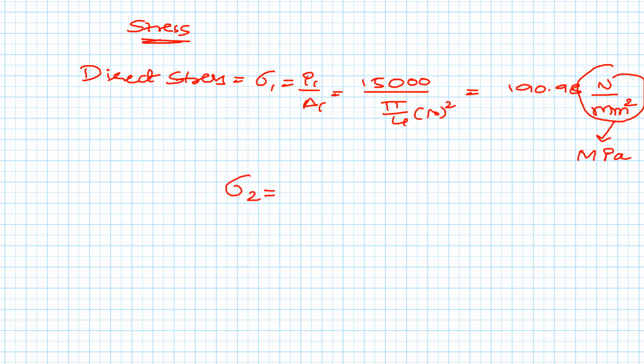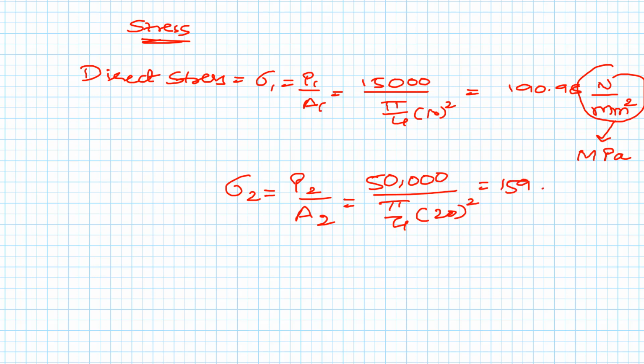Sigma 2 is P2 by A2. So the second section force is 50,000 newtons divided by the area of brass, which is 20 square, which gives me 159.1 Newton per mm square.